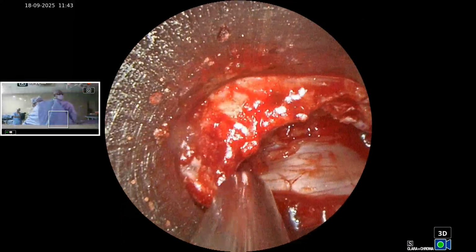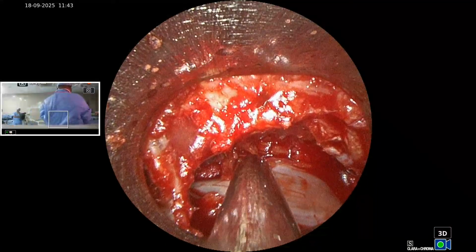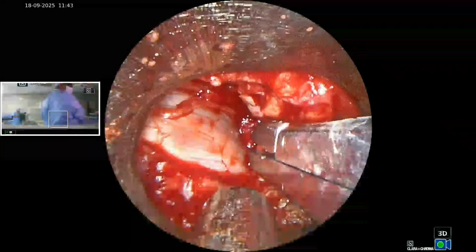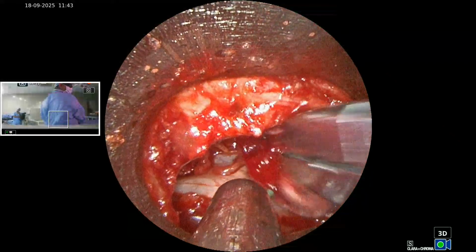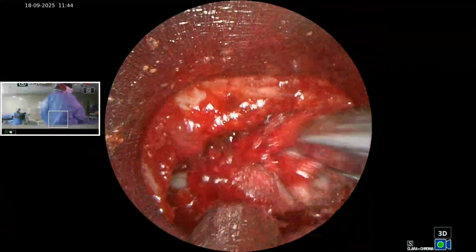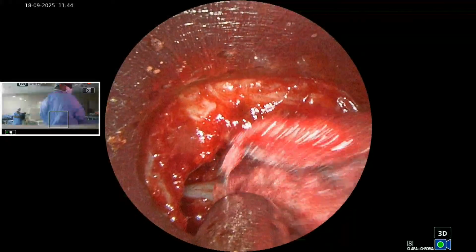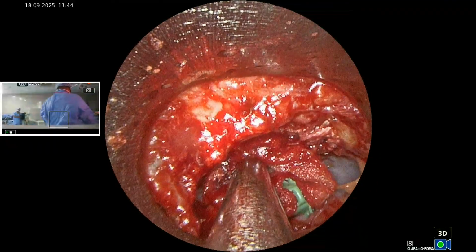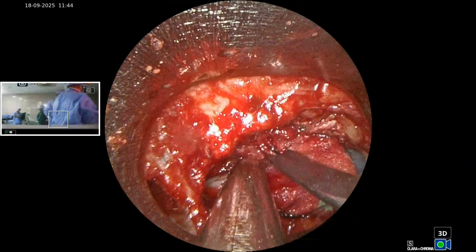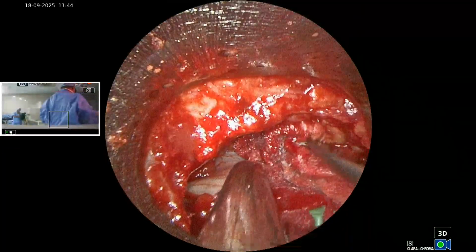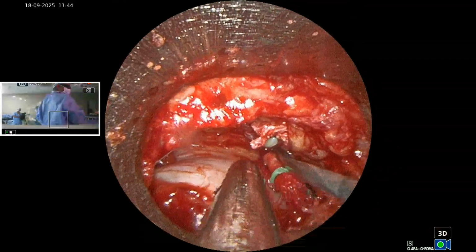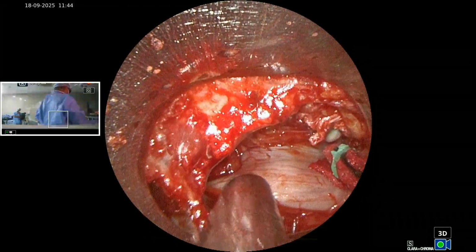Dispersor. Spatula. We are trying to see the nerve root here. Dispersor.